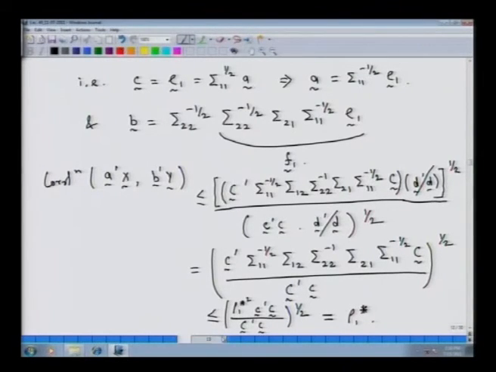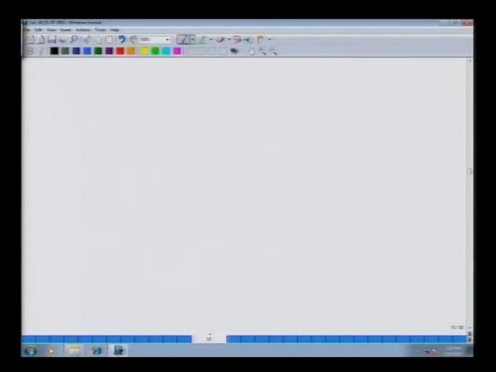So, that rho 1 star is going to be attained if we choose A equal to this and B equal to this particular term. Let us finish that.